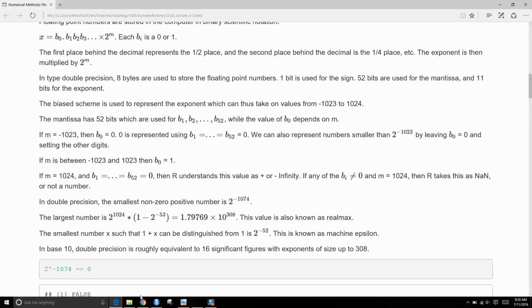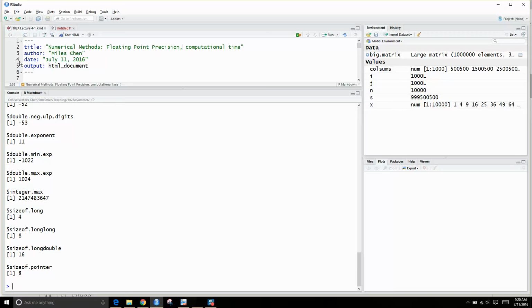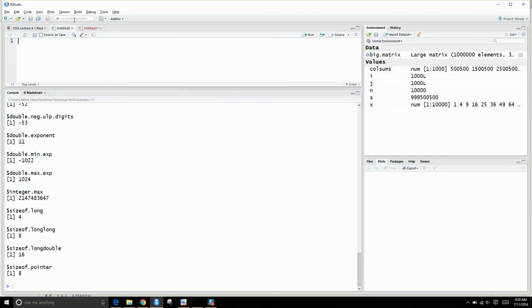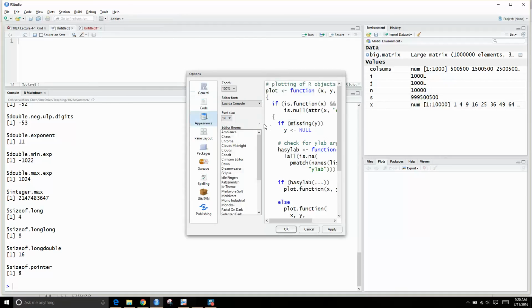So you can think of this as kind of like if you had to represent a number. Let me pull up my text.